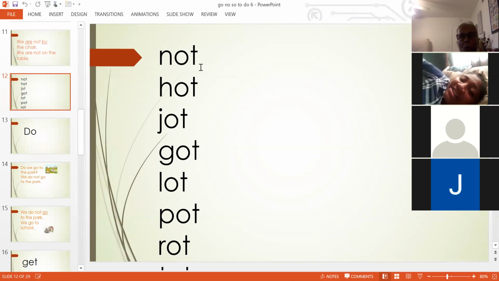So when they learn those that cling together, ot, n-ot, they just say not, hot, jot, got, and they go on till they reach the end of it.